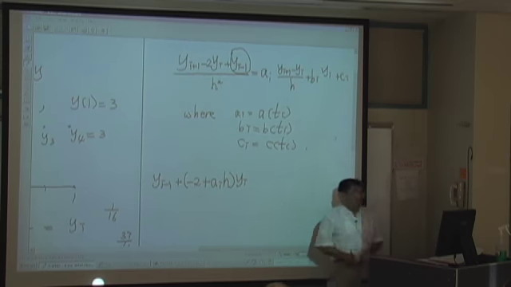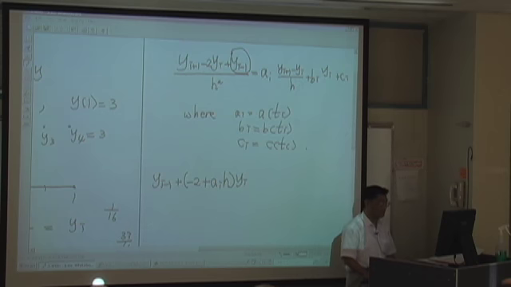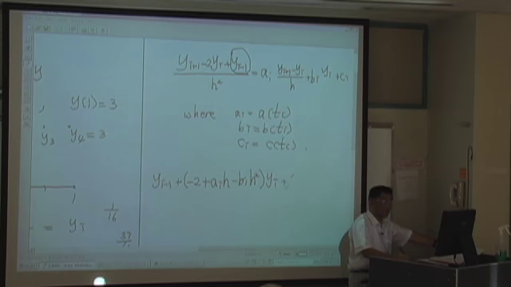So do we have any more? Oh, a_i is ignored, sorry. And then y_{i+1} term should be considered. So 1 here, and then h squared multiplied here, and then finally c_i h squared.